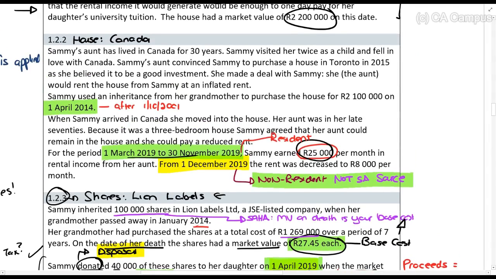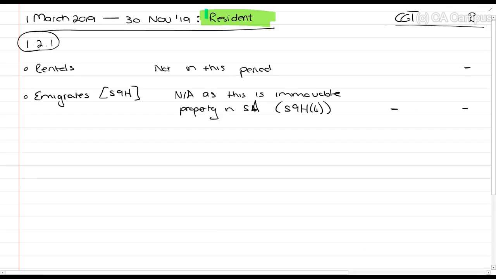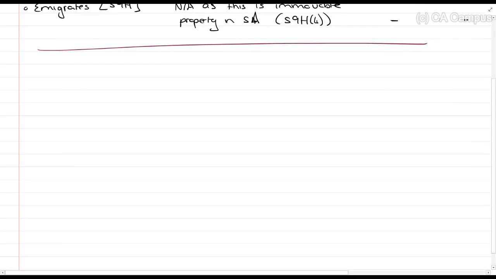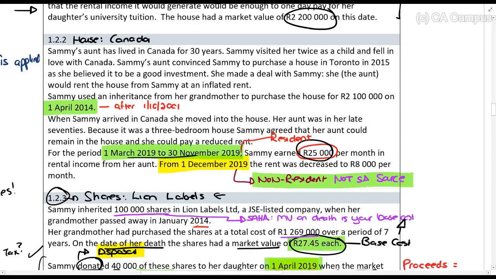Okay, so let's do it step by step. So we go to when she's a resident, 1 March to 30 November. I'm going to use a different color here to distinguish between these. So 1.2.2. So this is now for the period that she was a resident. She earned 25,000 rands a month rental.